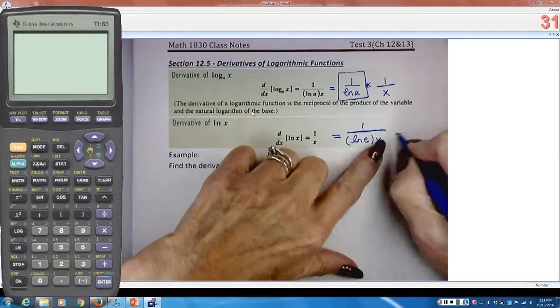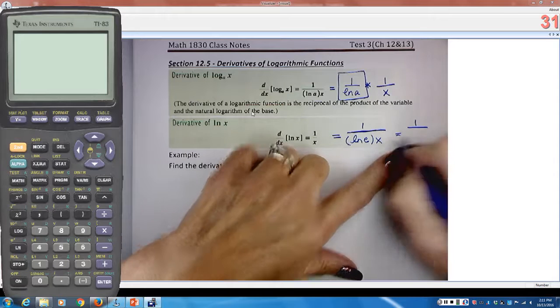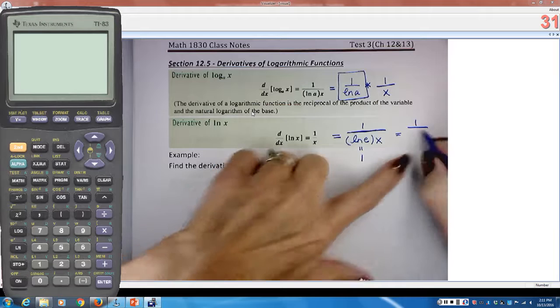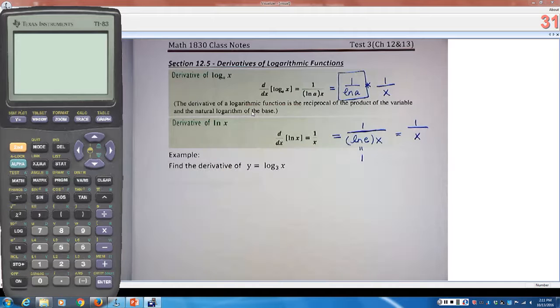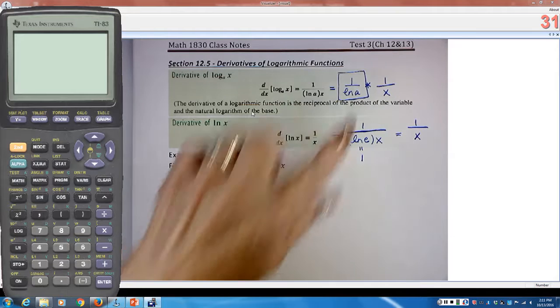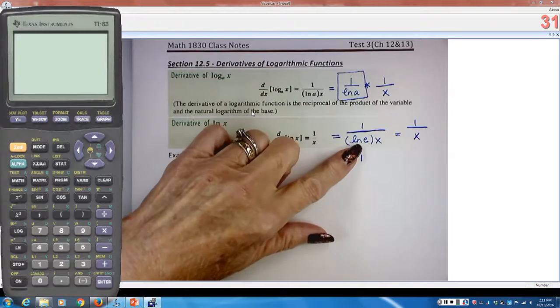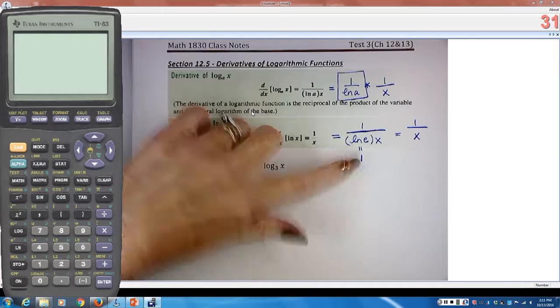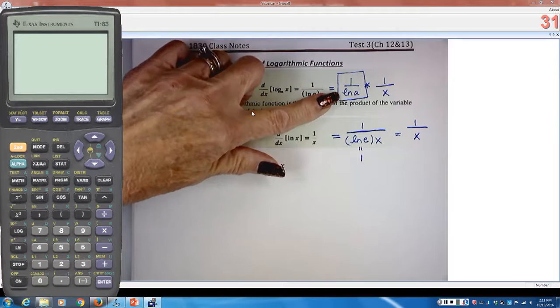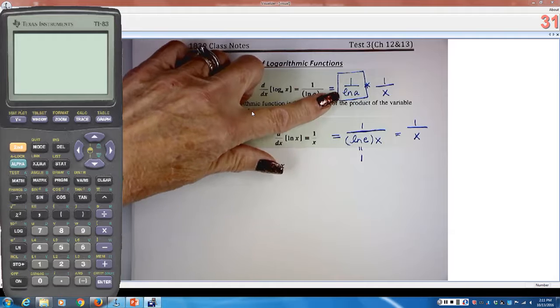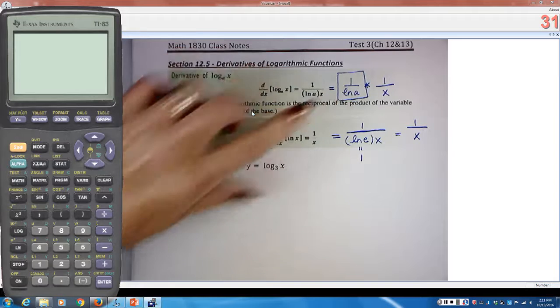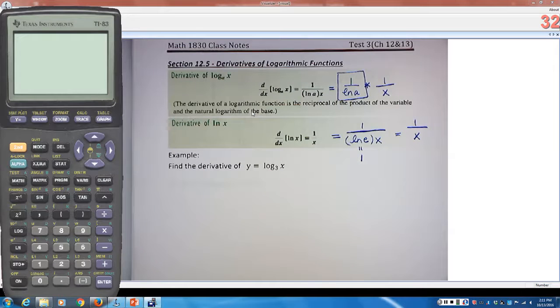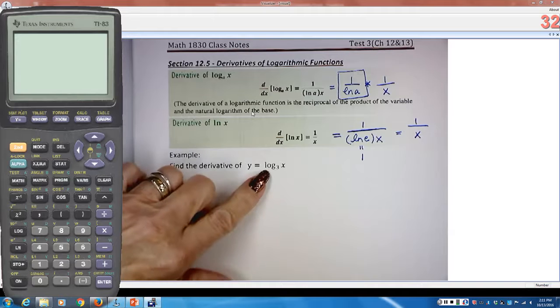But since the natural logarithm of e is 1, that's just 1 over x. So that's why really there's no difference in these two again, except that when you do the natural log of e, it just becomes 1. Whereas here, if you have something other than e, like base 10, then this would be 1 over the natural log of 10.